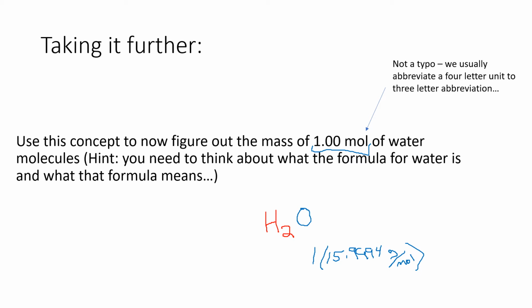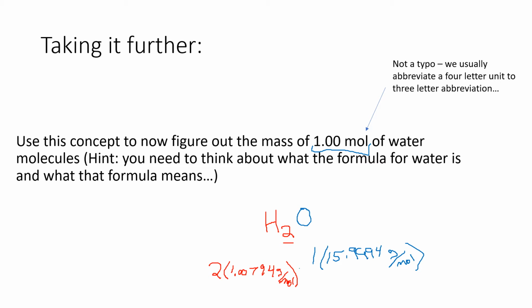But then look here, I've got this 2, right? So I've got 2 times 1.00794 grams per mole. And I hope you can see what I'm doing, color coding the different parts here.